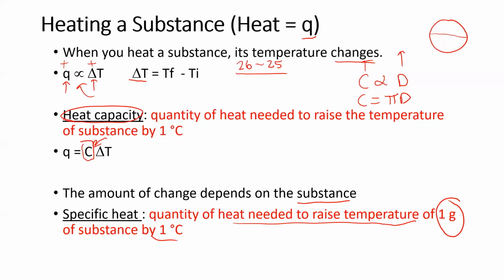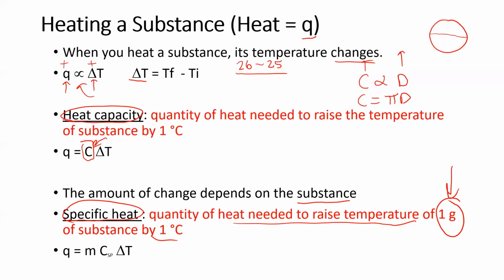If I have 1 gram of water versus 2 grams, the 2 grams is going to require twice as much energy to heat the water up 1 degree Celsius. So we refer to that as specific heat. Some books even call it a specific heat capacity. I don't like that because students get confused between regular heat capacity and specific heat capacity. But for the most part, whenever you hear specific, you're hearing that it's dependent on the mass. That's typically what we use in chem.